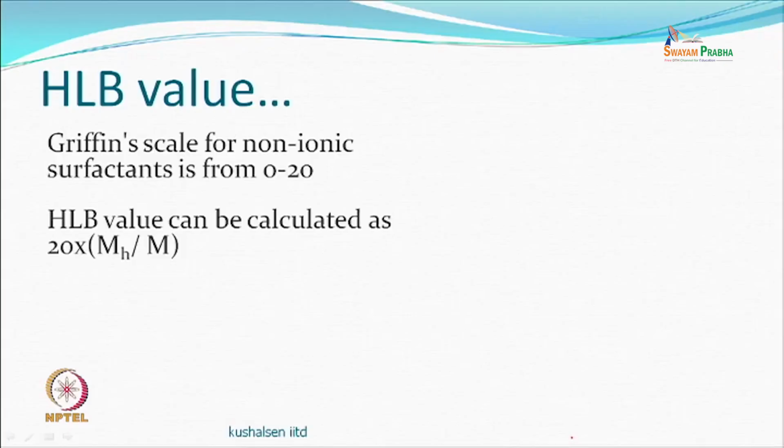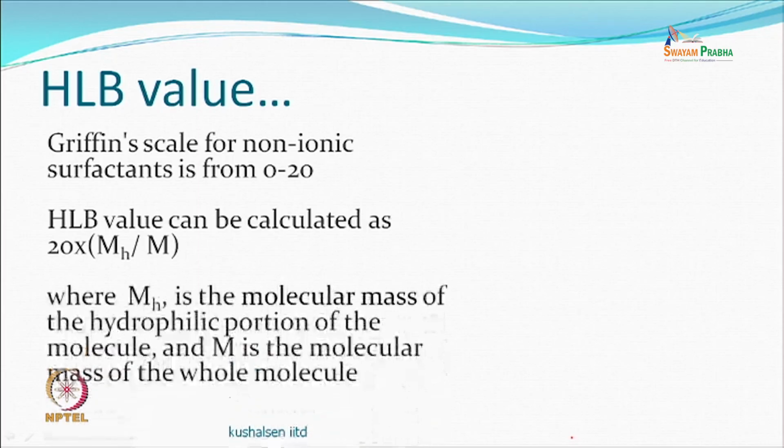And what it means can be calculated as 20 multiplied by mH over m, and what are these? mH is the molecular mass of the hydrophilic portion and m is the molecular mass of the whole molecule. So the ratio of this multiplied by 20.